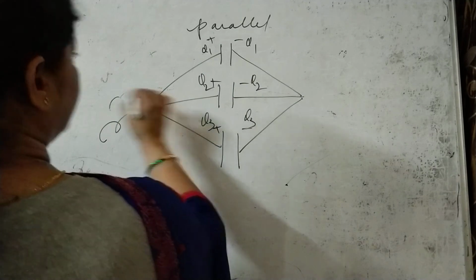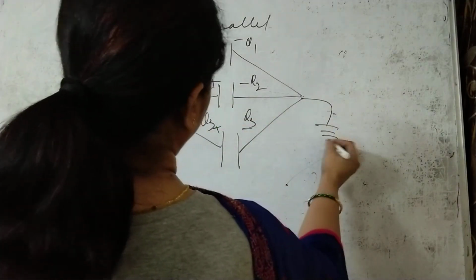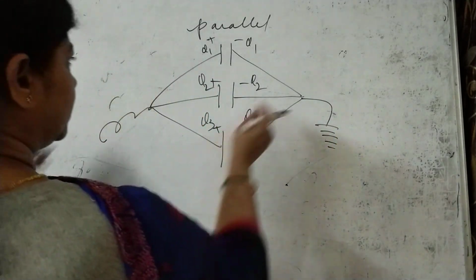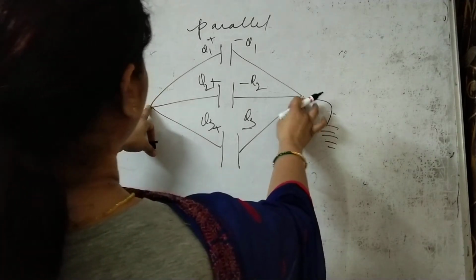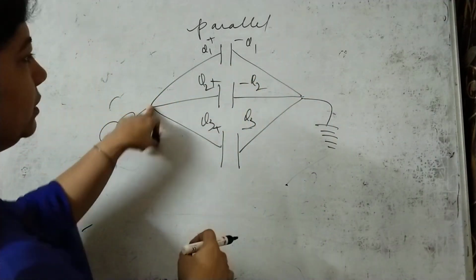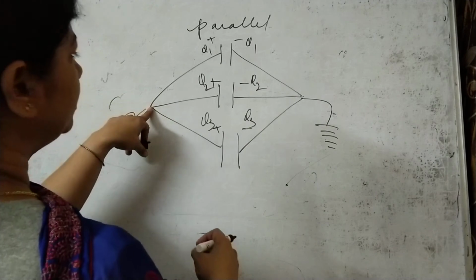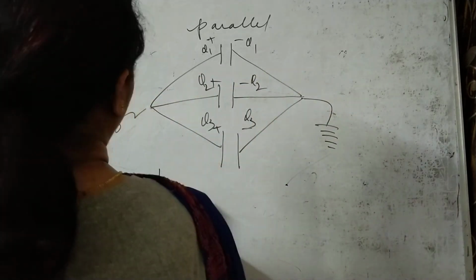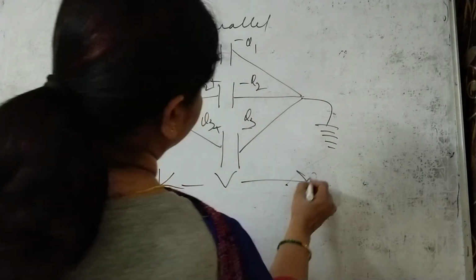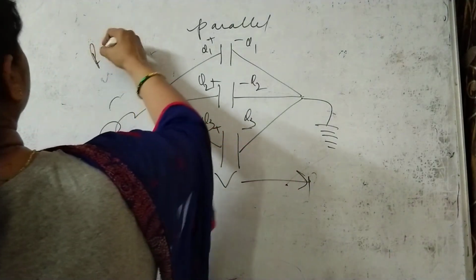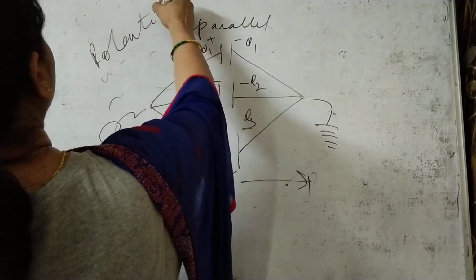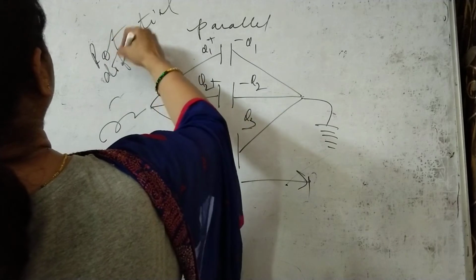This is connected to the positive and this is earthed. So the basic mechanism is that since we have only 2 points for the capacitors, all positive at one end, all negative at the other end, we have a common potential. So when they are connected in parallel, the potential difference is the same.